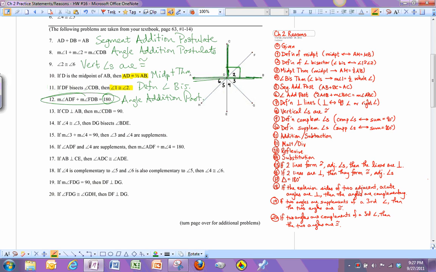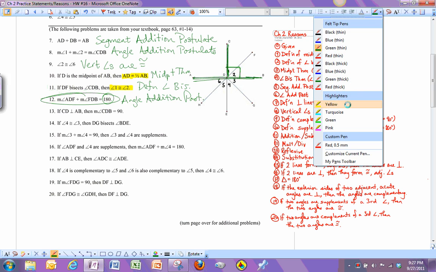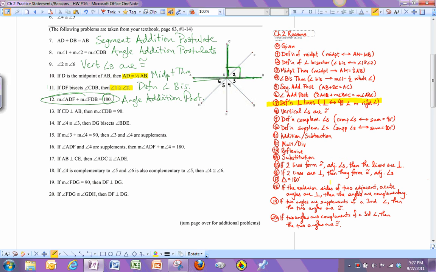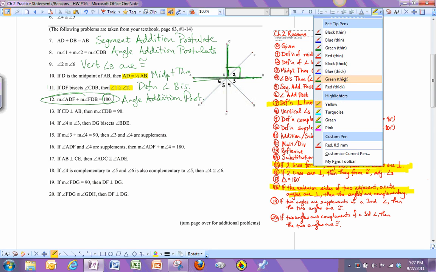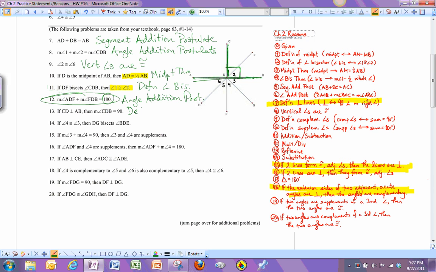Well, let's go back and look at our perpendicular ones. Here's one, here's one, here's one, and here's one. Only one of those says if perpendicular, then you get 90-degree angles. And that's number 7. So we're going to write definition of perpendicular lines.